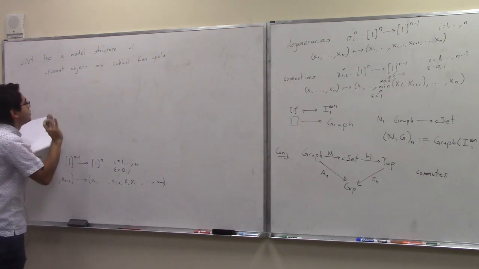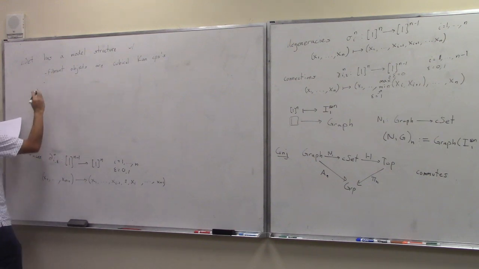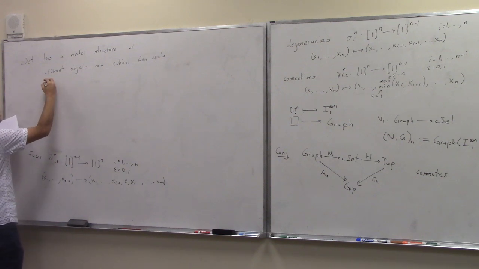Which maybe I won't fully go over at this time, but they're defined by a lifting condition, the same way that in simplicial sets Kan complexes are defined by a lifting condition.